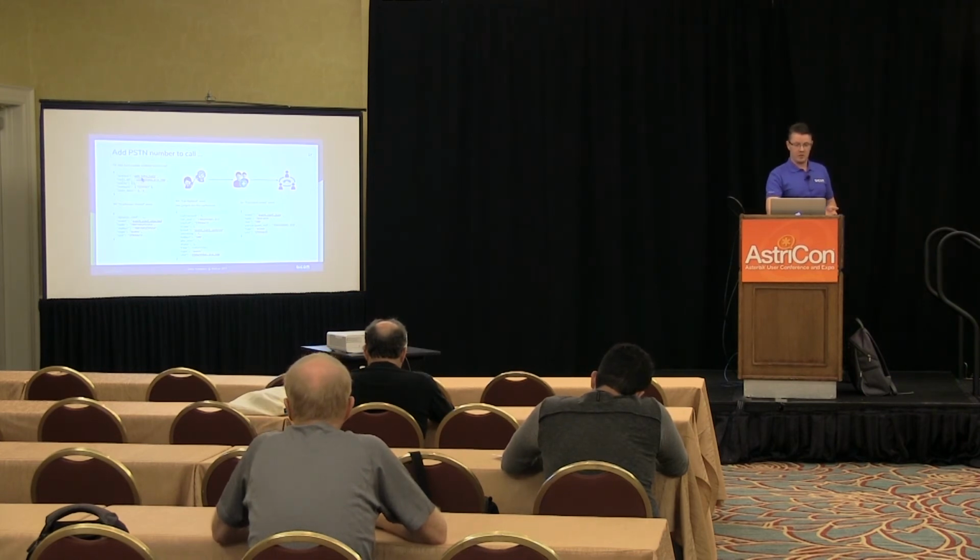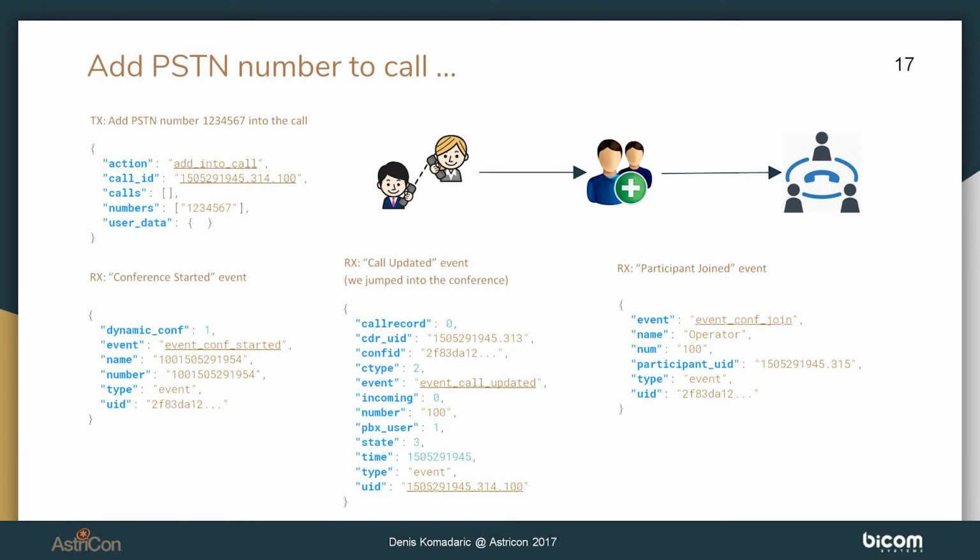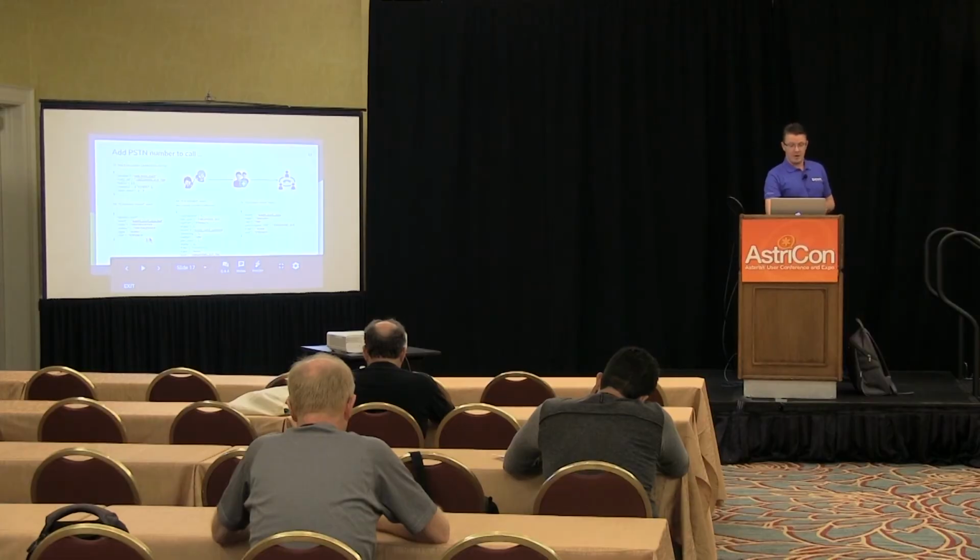I will say, add into my call with this ID here, these phone numbers here, and eventually these calls, because in our solution we also have the possibility to join other calls into my existing calls. So very straightforward API.